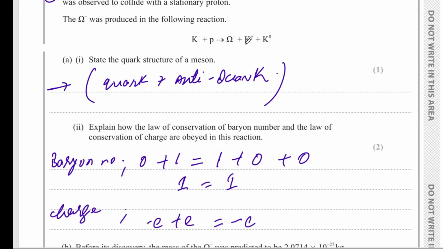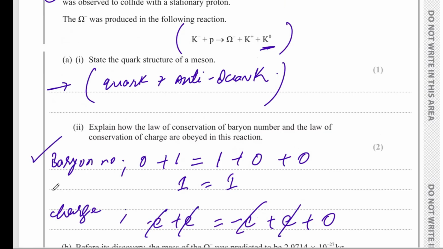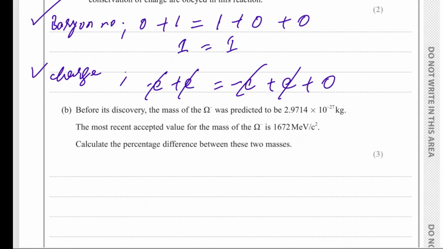And this positive kaon has to be e charge, and this neutral kaon must have a 0 charge. So you can see that everything cancels out on either side, and we've got the equal charge on both sides. So this equation is conserved as far as the baryon number is concerned, or as far as the charge is concerned.